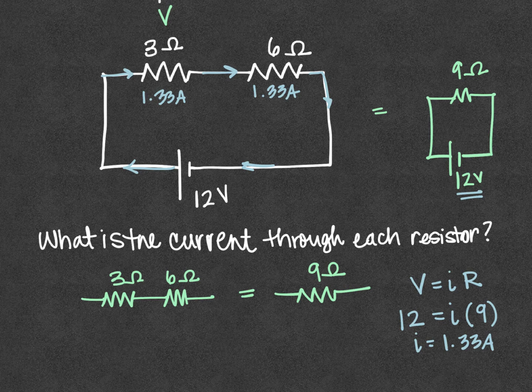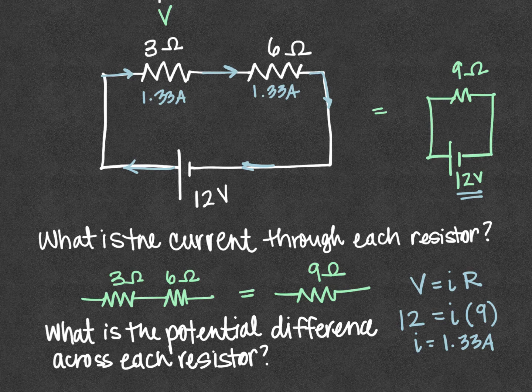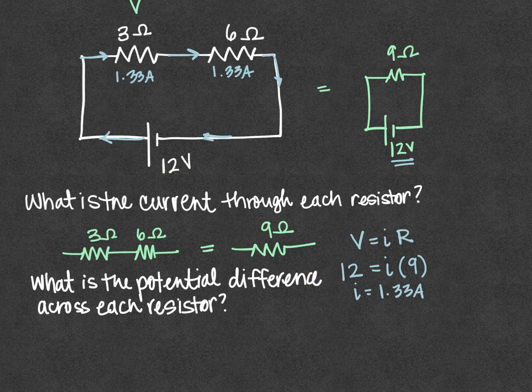So I can now determine the potential difference across each resistor. So let's solve for the potential difference across each of those resistors. Now if I use that the voltage or potential difference is equal to IR for each one of my resistors, for the 3 ohm resistor, we would have that the potential difference across, I'm going to use a little subscript here to show that it's across a 3 ohm resistor, would be equal to 1.33, that's I, times R, which was 3.